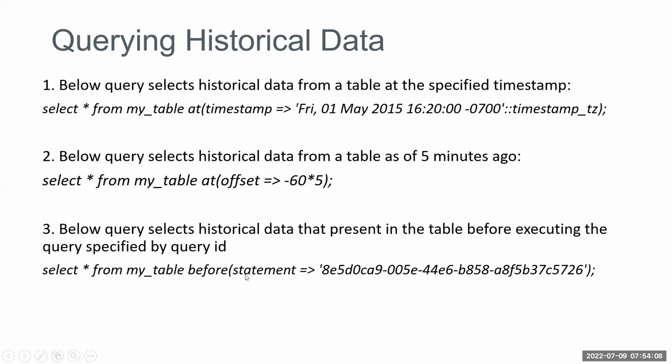So if I want to insert this data into another table, what do I have to do? Insert into table name, and select star from this table. Suppose my requirement is not only to see this data, but I want to insert the previous copy of this table into another table.